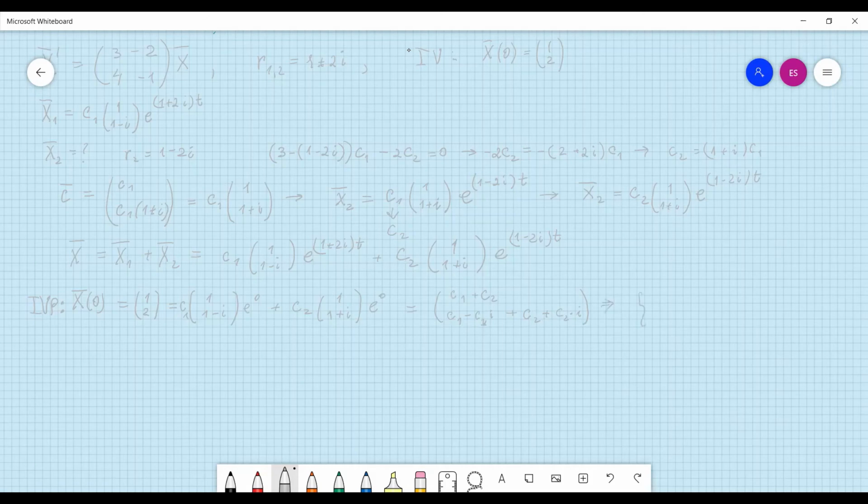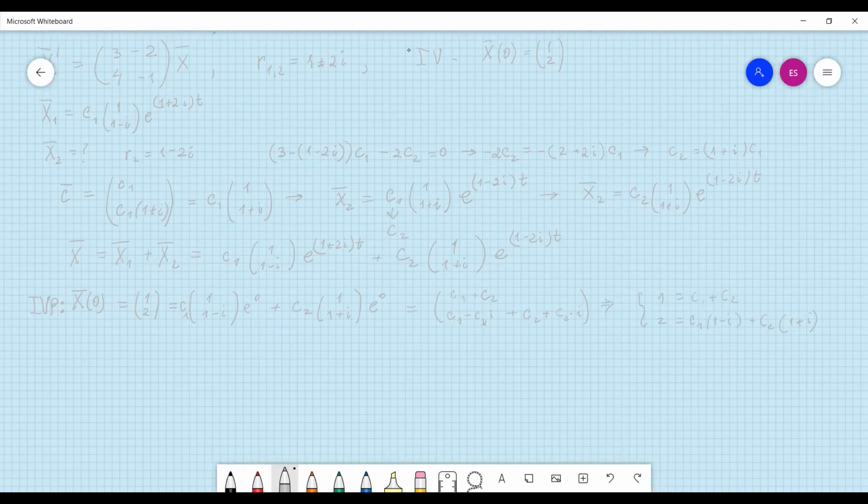The two equations are 1 equals C1 plus C2, and 2 equals C1 (1 minus i) plus C2 (1 plus i).